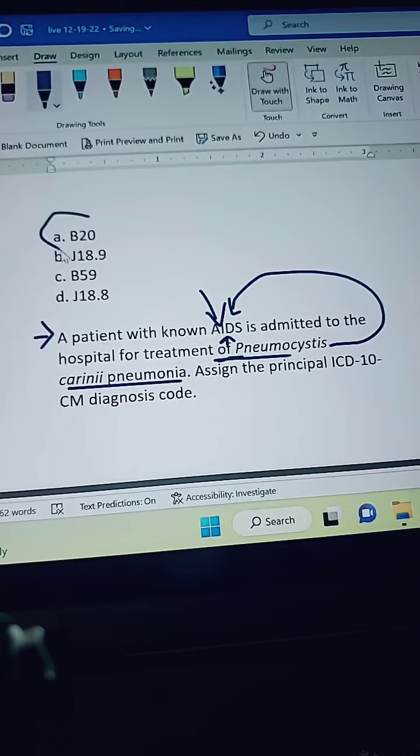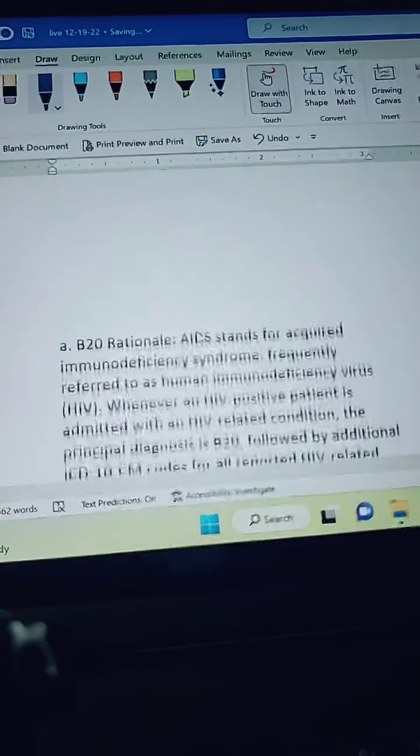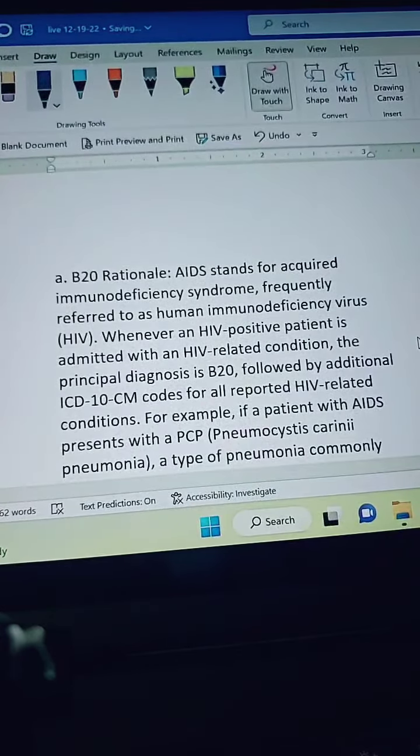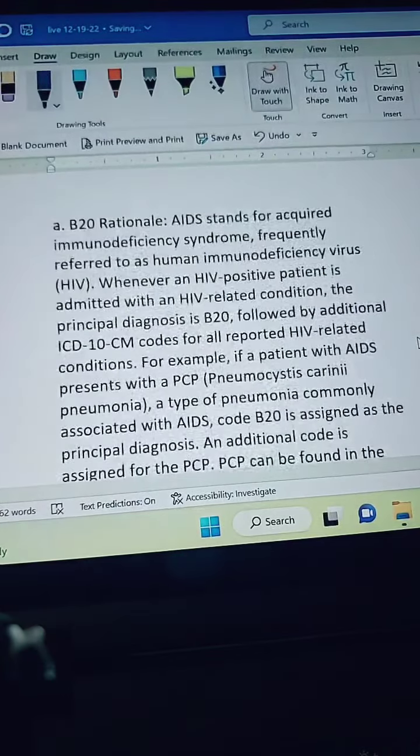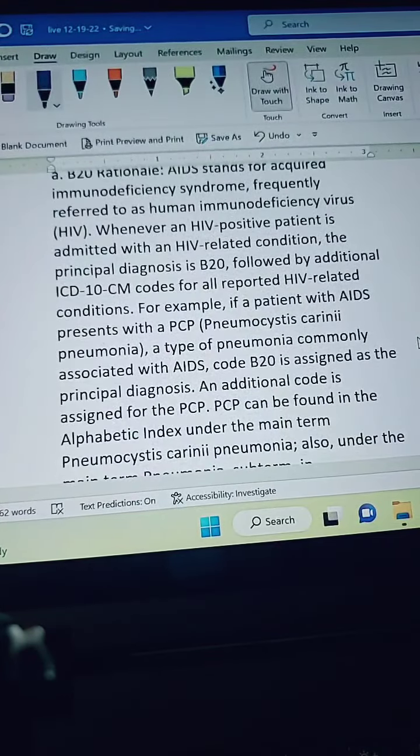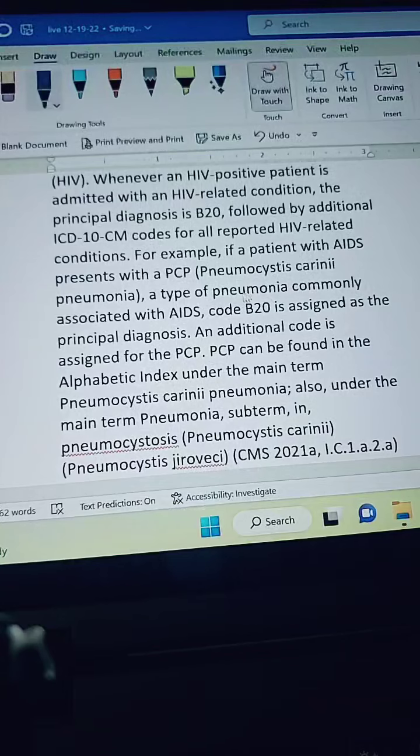This one's A. Your HIV is going to be coded first for this one. It's commonly associated with HIV, not 100%, but it's rare that you get that without having an autoimmune disease of some sort, if not HIV or AIDS. It's very rare.